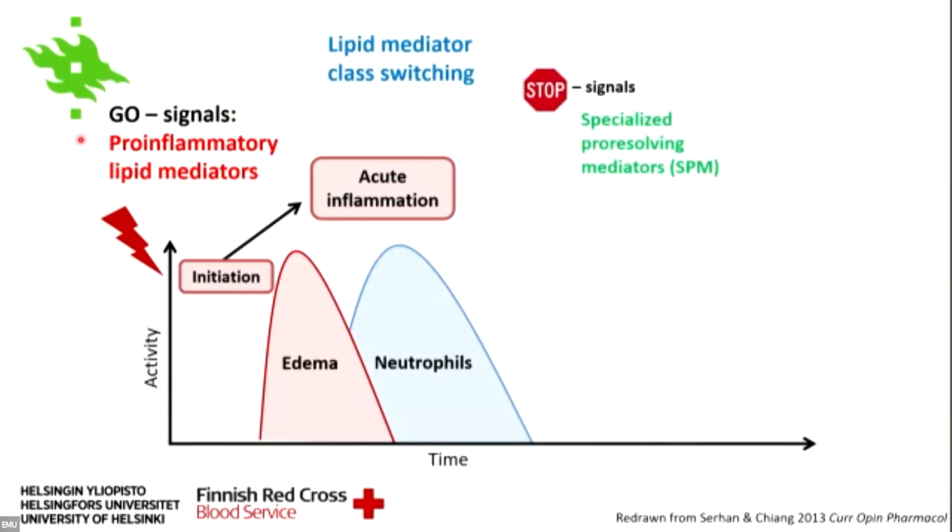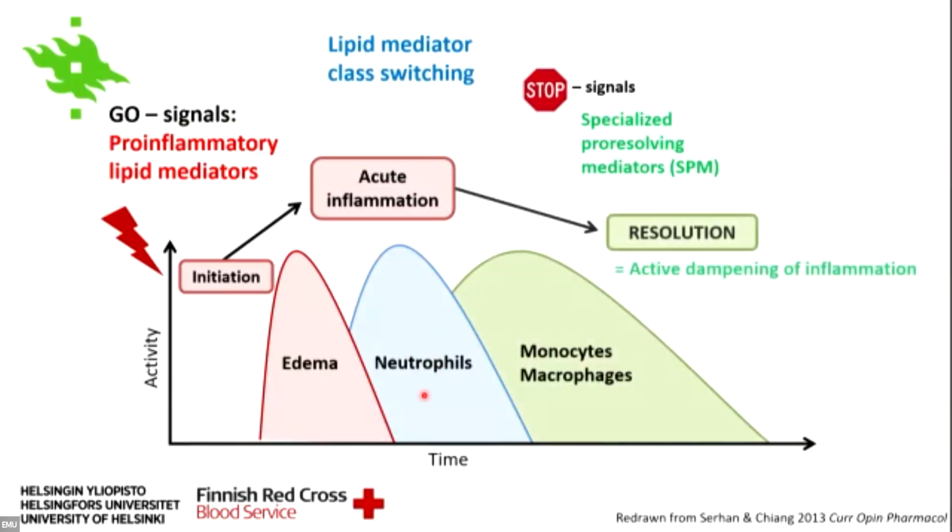And actually, the acute inflammation is required for the lipid mediator class switching to happen, so that the production of the pro-resolving mediators is initiated. Then we have reduced amounts of neutrophils at the inflammatory site through the recruitment of monocytes and macrophages. And finally, we achieve the resolution of inflammation, which is the active dampening of inflammation.